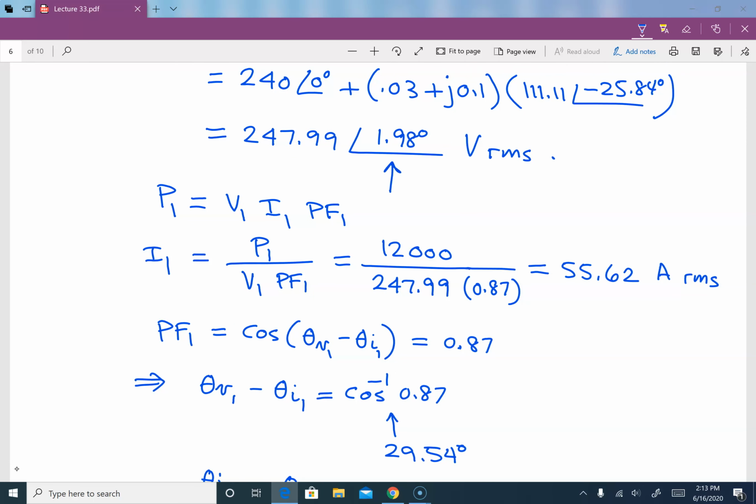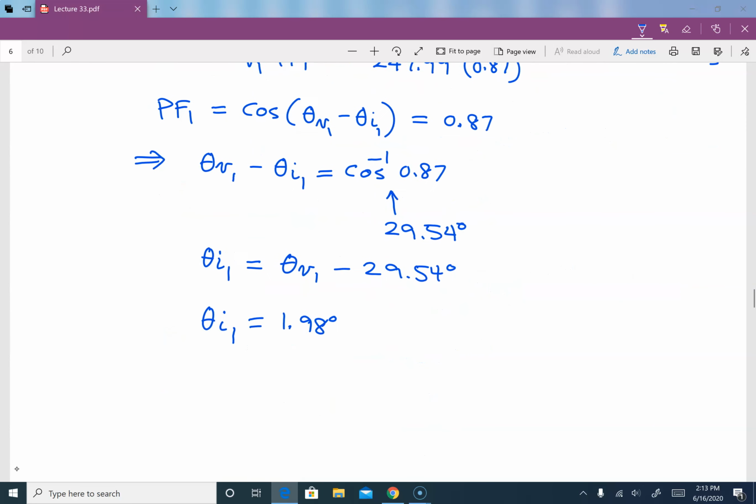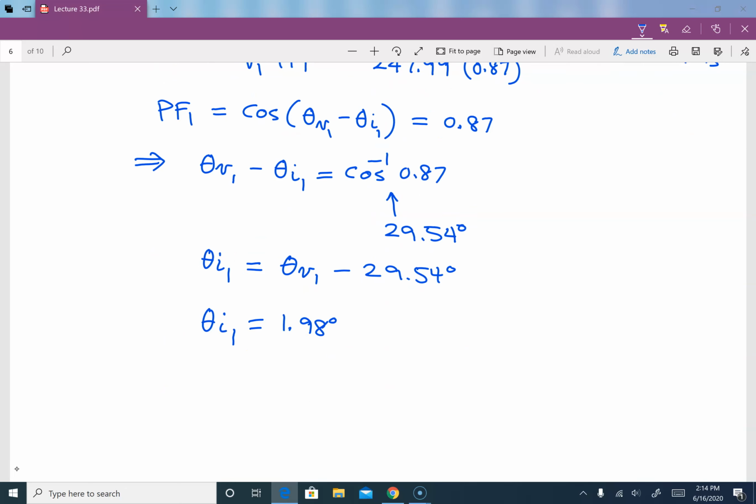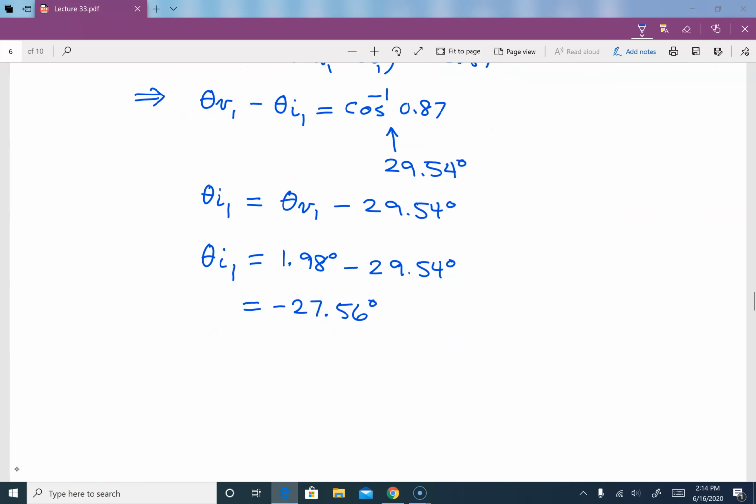See, that is the angle of V1. 1.98 degrees minus 29.54 degrees, then we will get our angle to be negative 27.56 degrees, and that is the angle for the current I1.